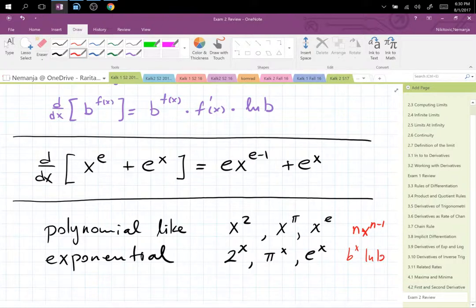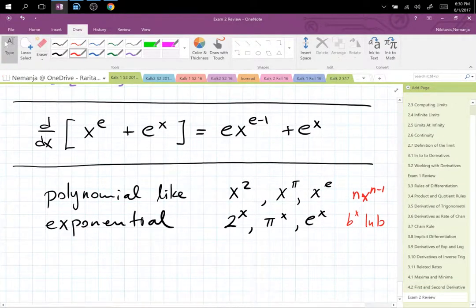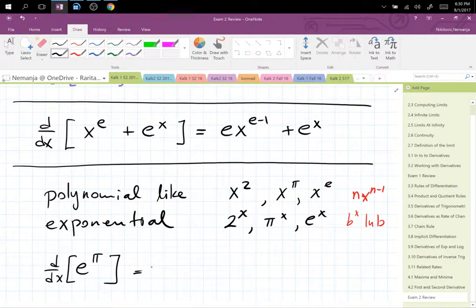Okay, let's test what you learned. What's the derivative of e to the pi? Pi is 1. No, dude. It's e to the pi, because it depends on the exponent, whether it's polynomial.